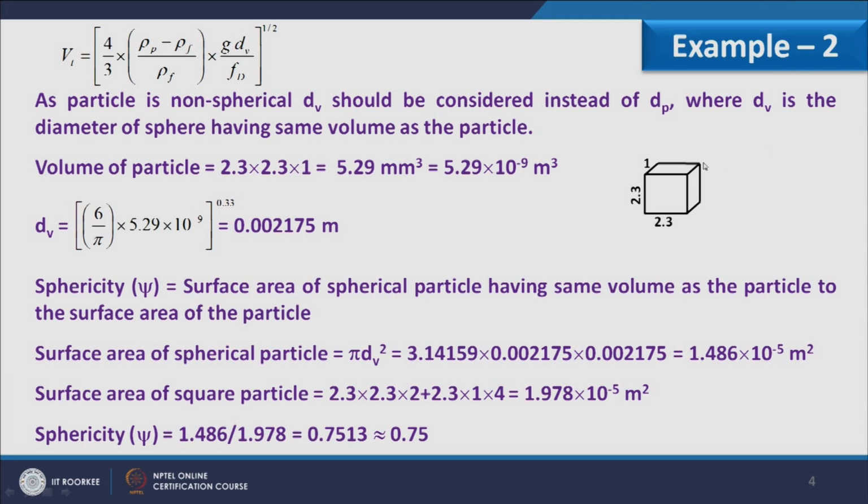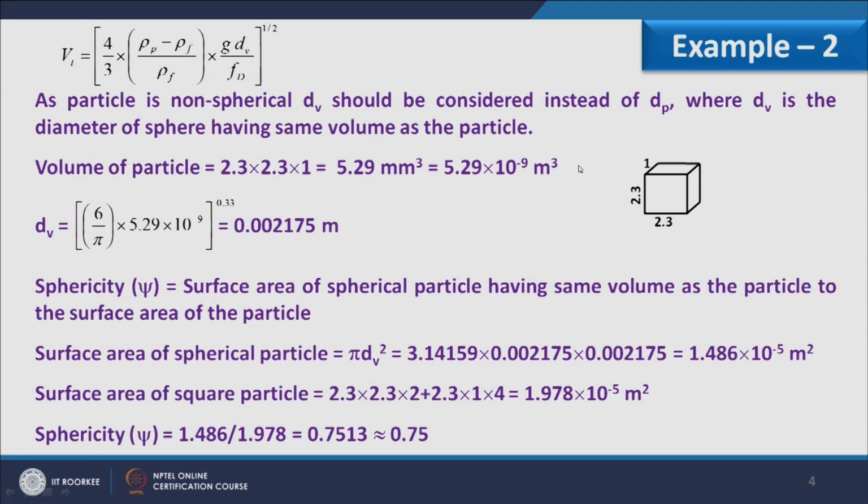If you consider this particular particle, which is the object of the present example, here we have 2.3 and this side is also 2.3. So, 2.3 into 2.3 into 1 would be the volume of the particle, which comes out as 5.29 millimeter cube, or 5.29 into 10 raised to the power minus 9 meter cube.